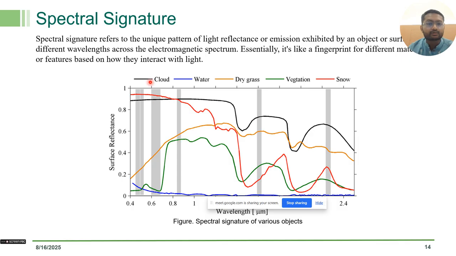But if you see the clouds or snow, they have very high reflectance in all the channels, R, G, B, near infrared, everywhere. Because of that, it looks the same, white in both. But vegetation has very little reflectance in the RGB bands, but high reflectance in the near infrared band. Because of that, this band we are showing as red.